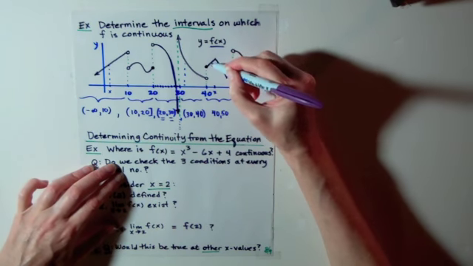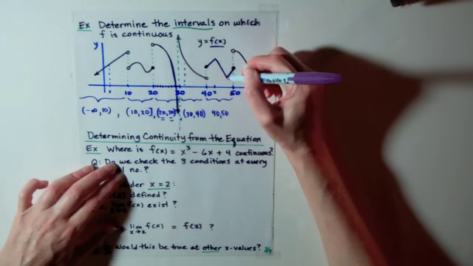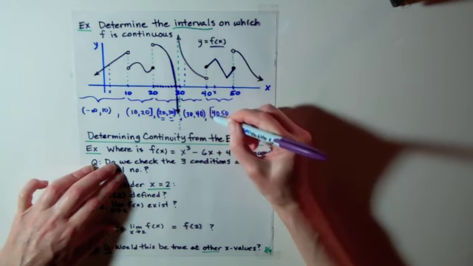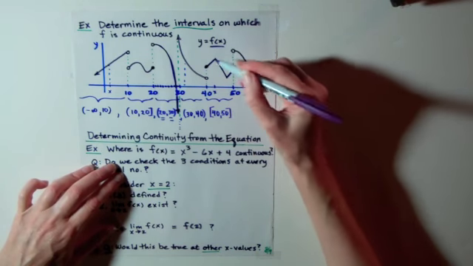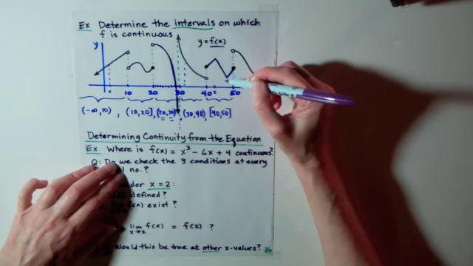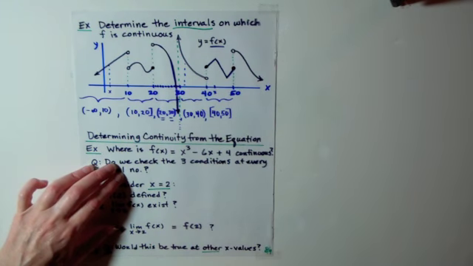And what's more, the left-hand end of this chunk of graph contains its endpoint, and the right-hand end of this chunk of graph contains its endpoint. So I get to put square brackets here. The function is continuous from the right at 40, and it is continuous from the left at 50. So we include those endpoints in our interval on which f is continuous.